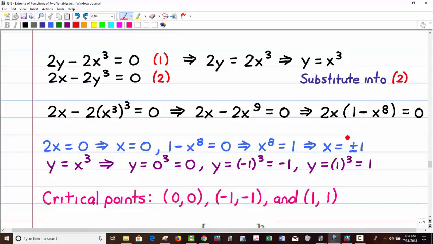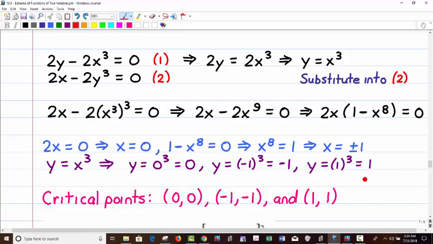So we have x equals 0, x equals plus and minus 1, and you can put it into either equation. But since I already have y in terms of x right here, that would be the easiest way to do it. So I'm plugging in 0, negative 1, and positive 1.